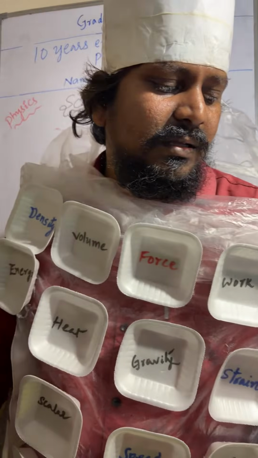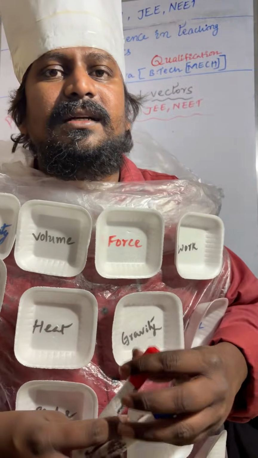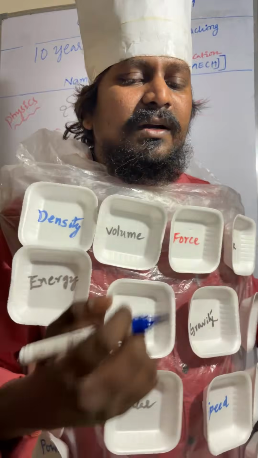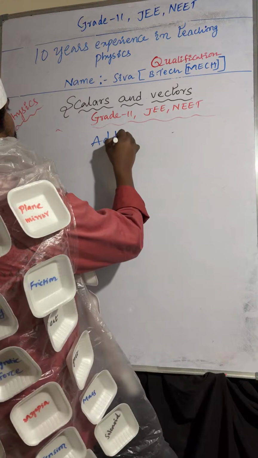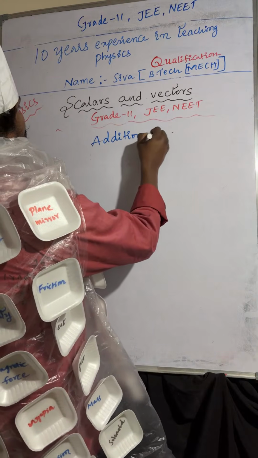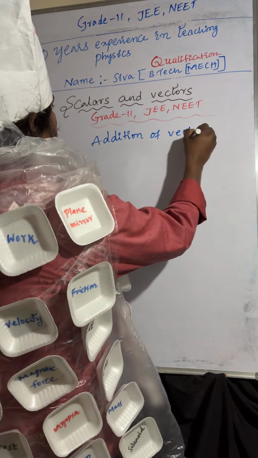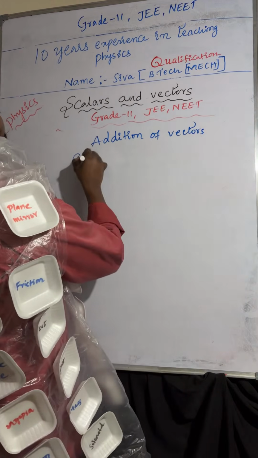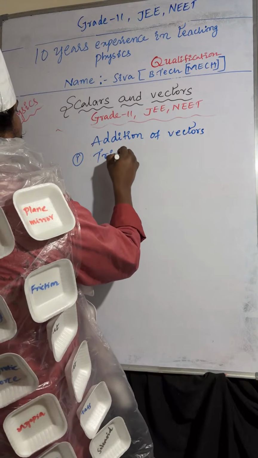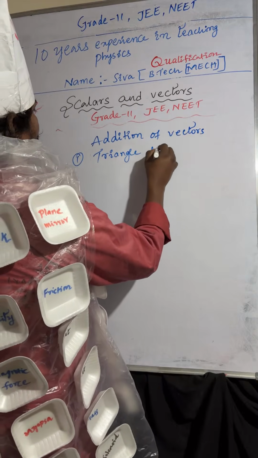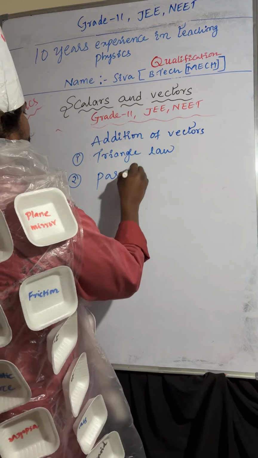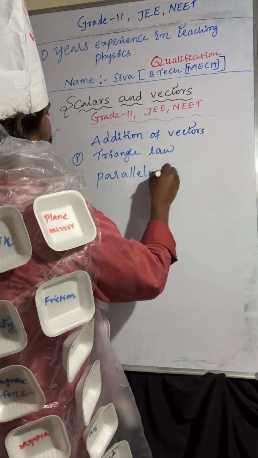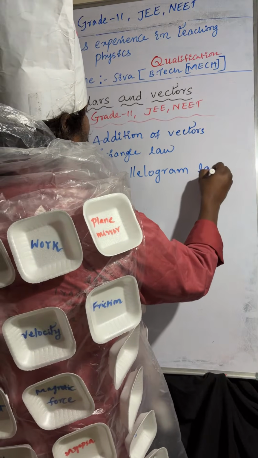Coming to addition of vectors, one is the triangle law of vectors. The second one is the parallelogram law of vectors.